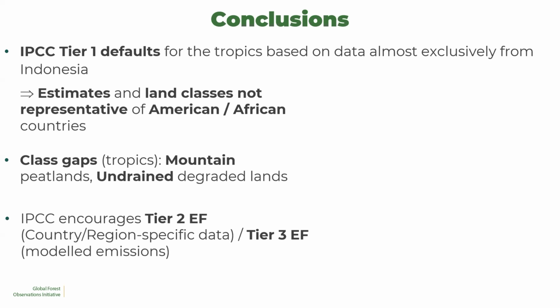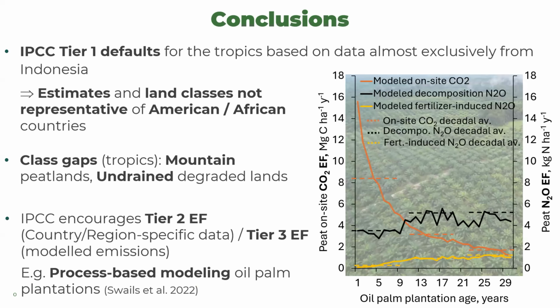The IPCC encourages the development and the use of Tier 2 and Tier 3 emission factors. And so I wanted to present you this study of process-based modeling of greenhouse gases in oil palm plantations.